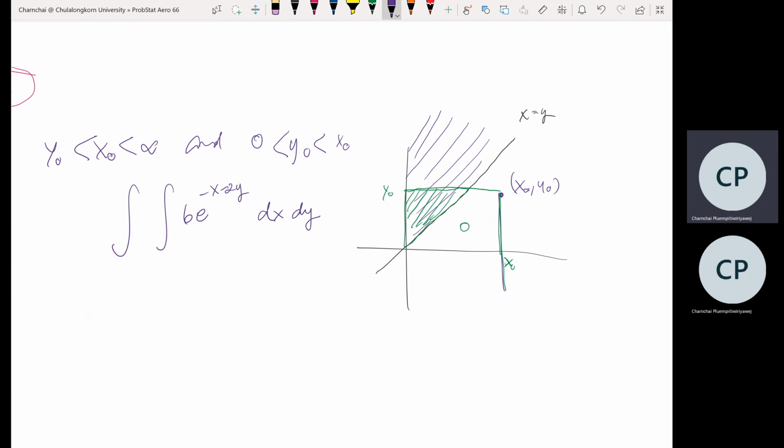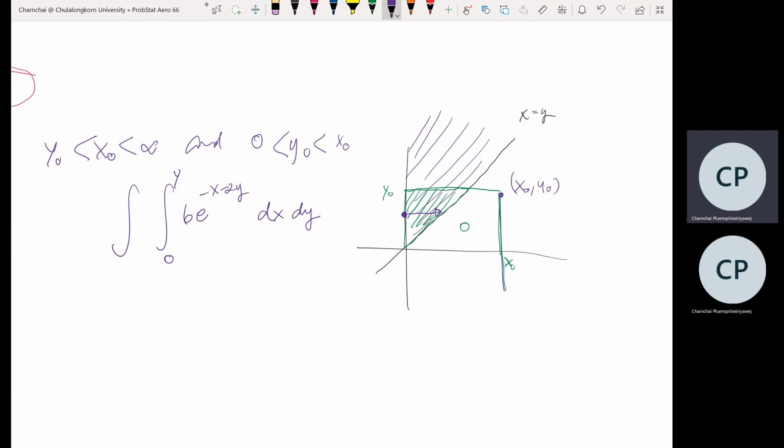If I want dx, what's dx from where to where? dx goes from 0 to y, because it depends on y, not y naught. From 0 to y.